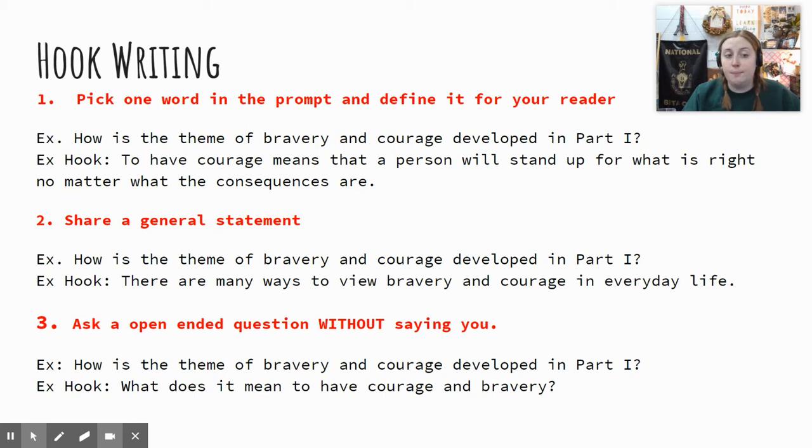So for example, looking at the same question, how is the theme of bravery and courage developed in part 1? An example hook where I ask an open-ended question without saying you would be something like, what does it mean to have courage and bravery? Again, you can't answer yes or no to that question. And I also did not use any informal pronouns with that as well.